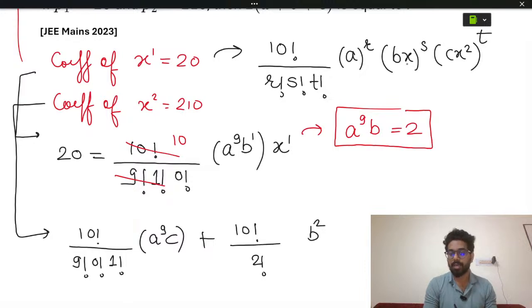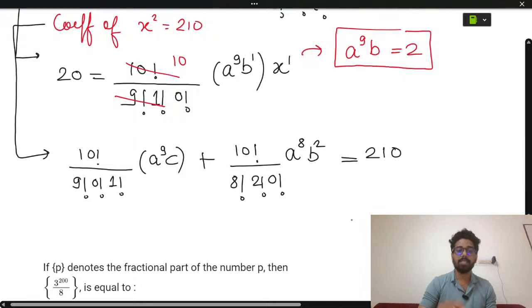If x square is already generated, I don't need any power from here, so t becomes 0, so c power 0 means 1, x square power 0 means 1. Now bx power 2 is b square x square, so b square is written, and the remaining is a power 8. This is equal to 210. Let's figure this out. When you solve this question, what will you have, let's see, just a second.